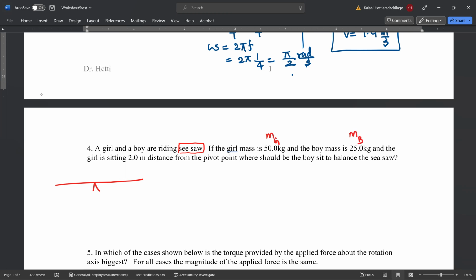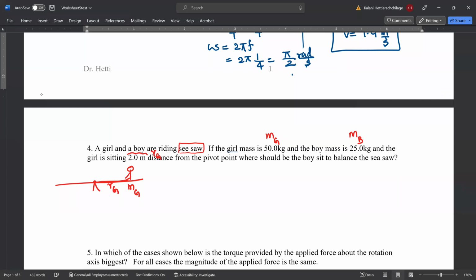So mass of the girl is 50 kilograms sitting. Girl is sitting 2 meters. So say girl is sitting here and mass of the girl and sitting this distance, I'm going to say this distance, always use the symbols, that's the easiest way. This I'm going to say RG. RG is distance from this pivot point to here, RG.